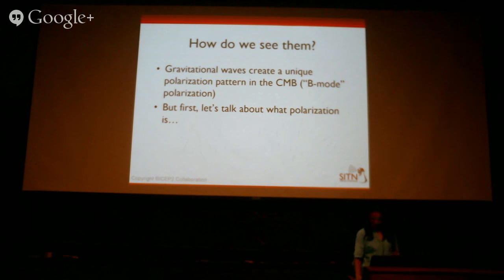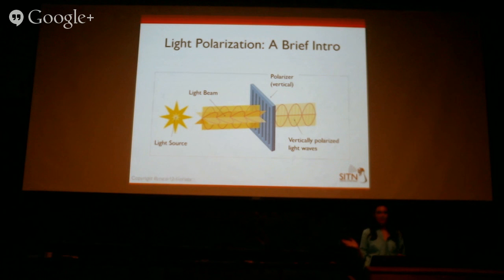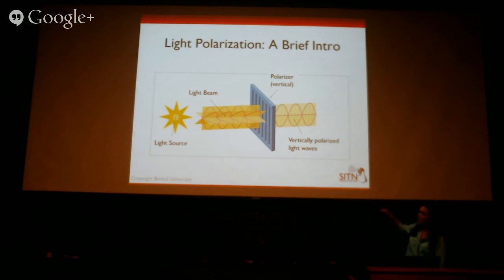Now, I want to take a moment to explain what I mean when I say polarization of light. You may have heard of polarizing sunglasses, but it may not be clear exactly what's going on when you put on your polarized sunglasses and suddenly you see much less glare everywhere. Light travels in waves, and if the light's moving this way, those waves tend to oscillate in all directions. If you polarize the light, you're only allowing one particular direction for light to go through.